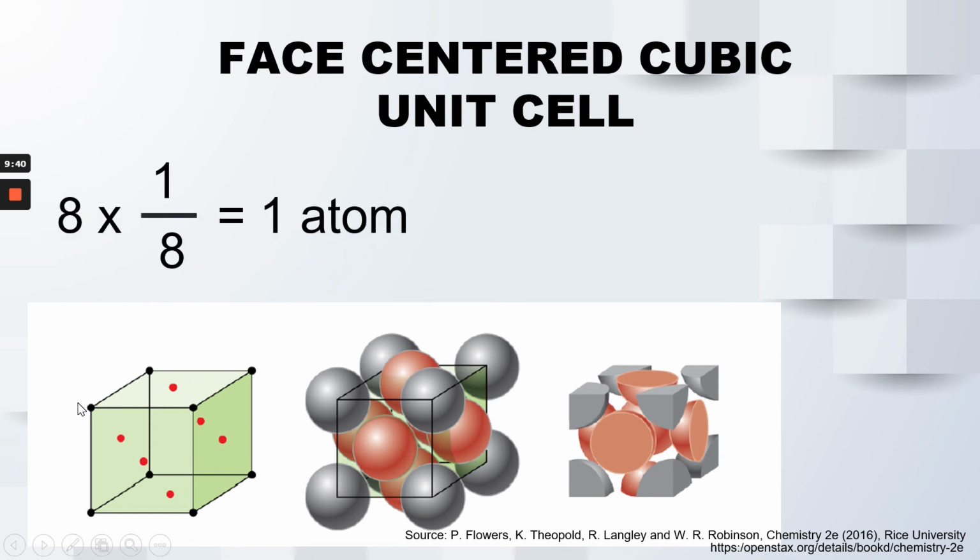First we calculate the same as the simple cubic unit cell. We have 8 atoms on the corners of the cubic unit cell, so we have 8 divided by 8, because we have 8 corners, and we have 1 atom.